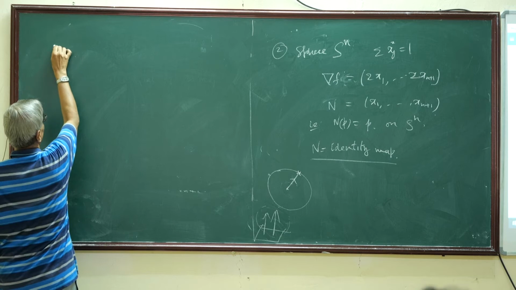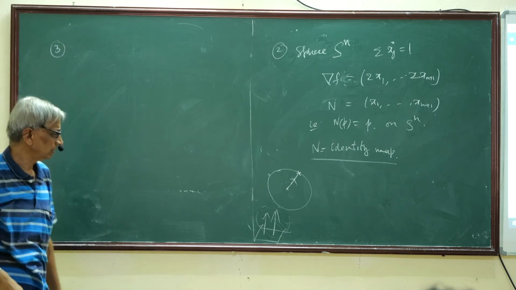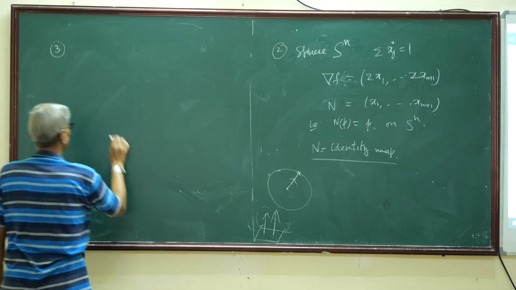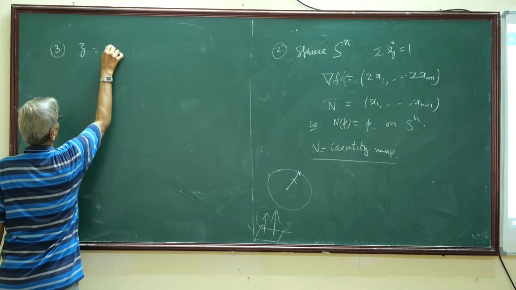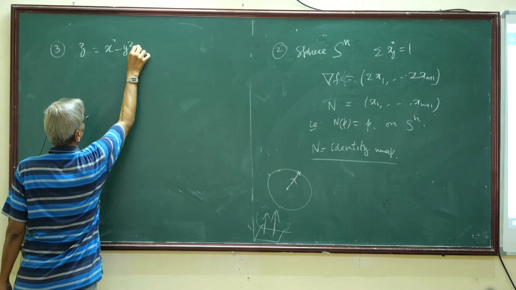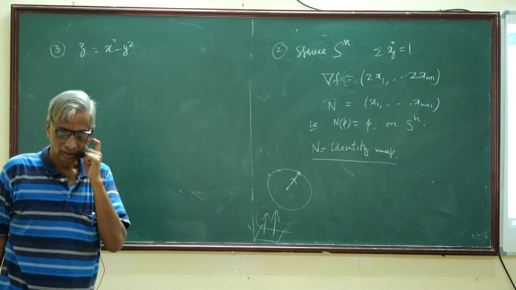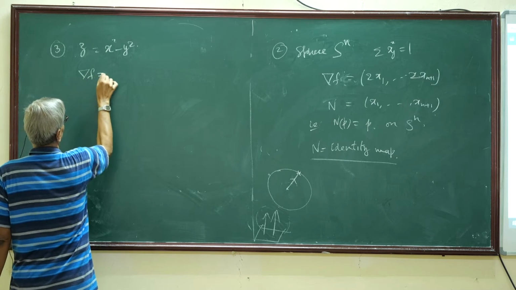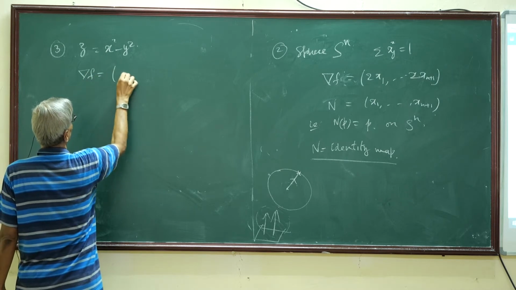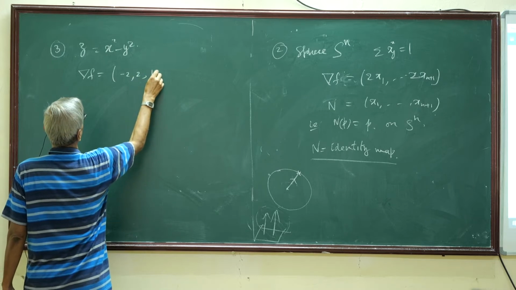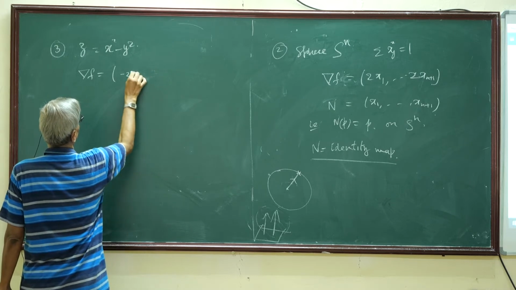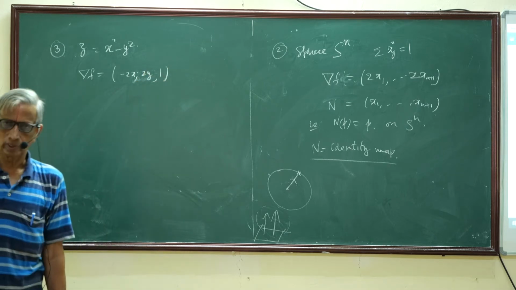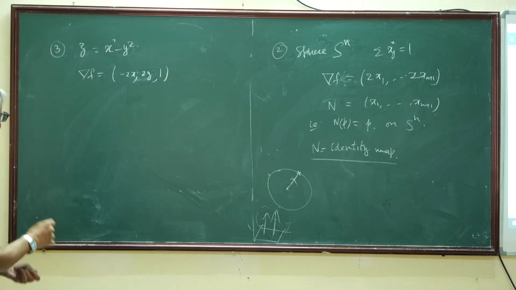Look at the hyperboloid, or what was that? Look at, anyway, it doesn't matter. So hyperbolic paraboloid, okay. Minus 2x, 2y, 1, at any point x, y, z. So normalize it.